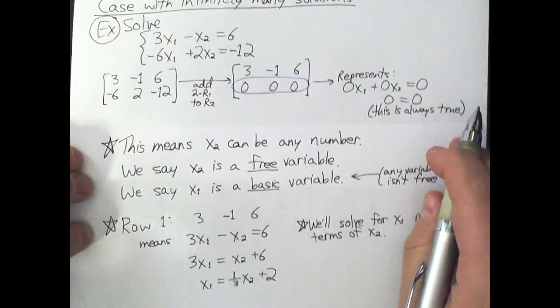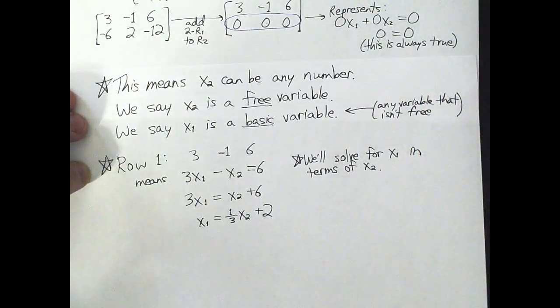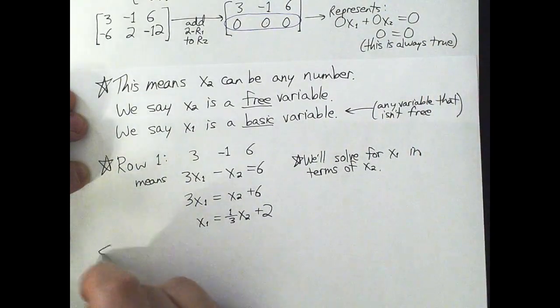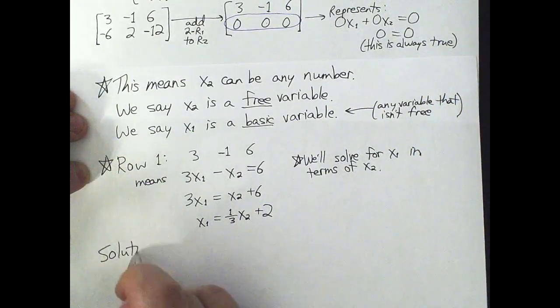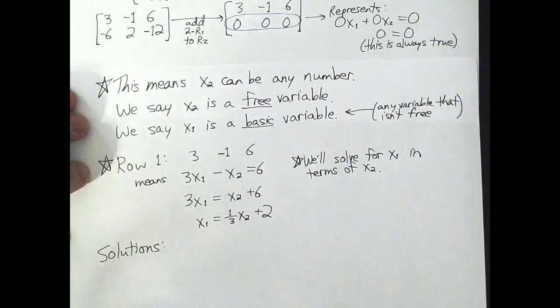What we're doing is finding a way to describe the solution set. And I'm going to show you 2 different ways that we can write it. Solutions, plural, because this does have more than one solution. We could write it as an ordered pair, usually x1 comma x2.